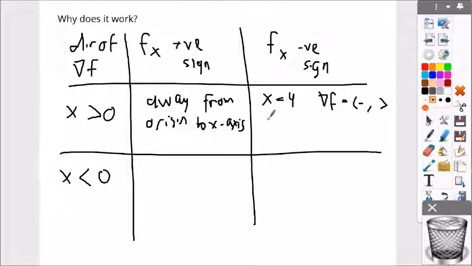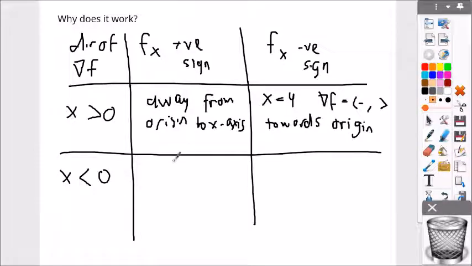So this is towards the x-axis, or towards the origin, right? We could apply a similar argument for f sub x with a positive sign and x less than 0.